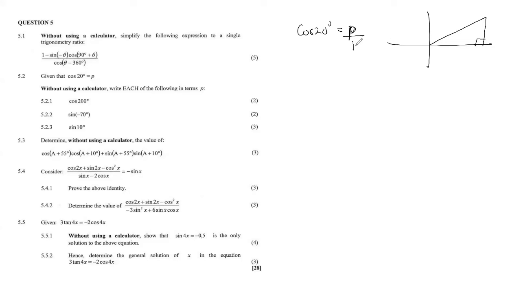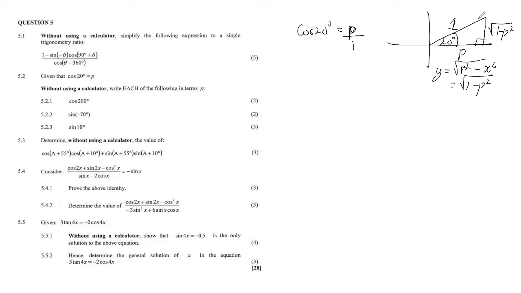So that's adjacent over hypotenuse. If we have our 20 degrees here, then our adjacent is here and our hypotenuse is here. So we have to look for this side here, which is our opposite side. And then we know to calculate that, y is equal to root r squared minus x squared, which will give us 1 minus p squared. So let's include it here, 1 minus p squared, right?